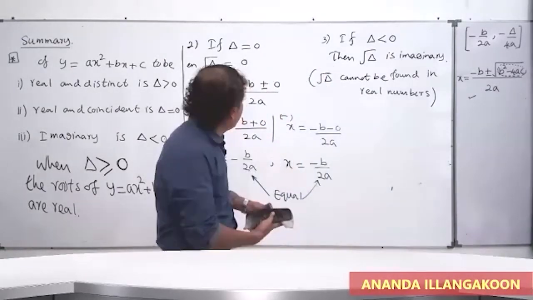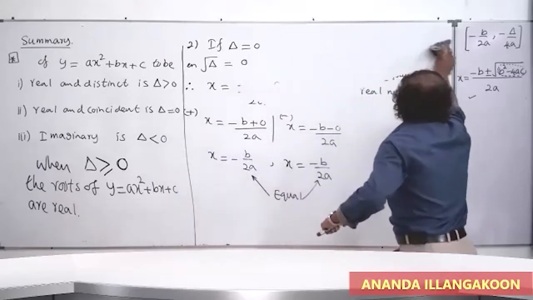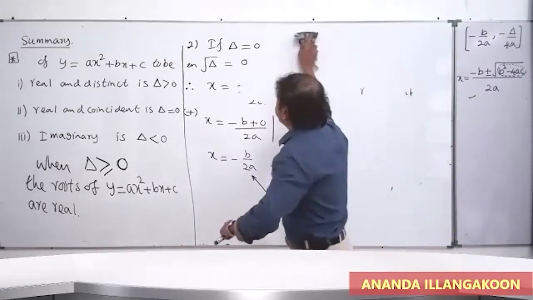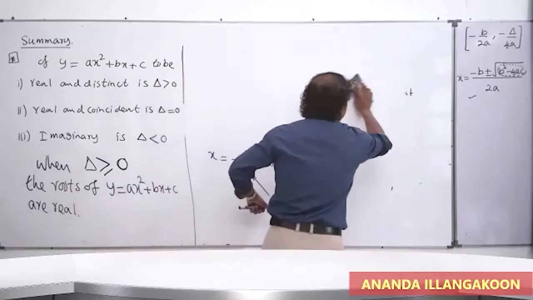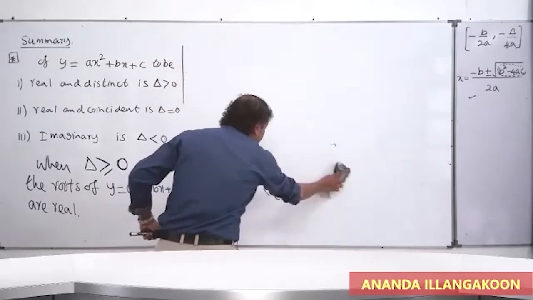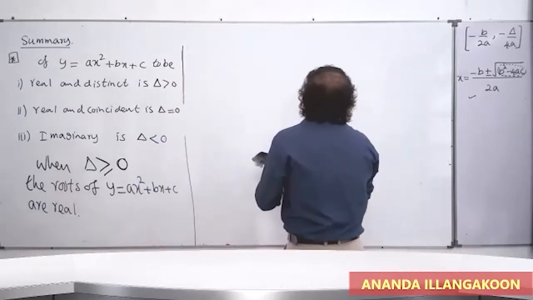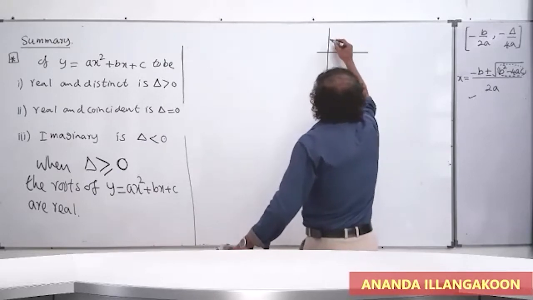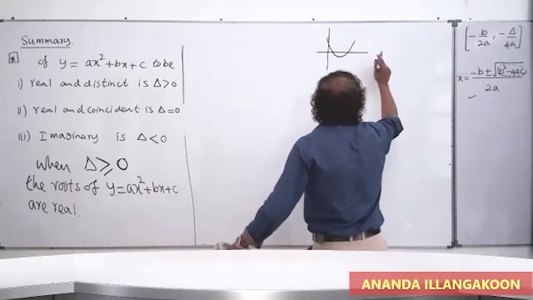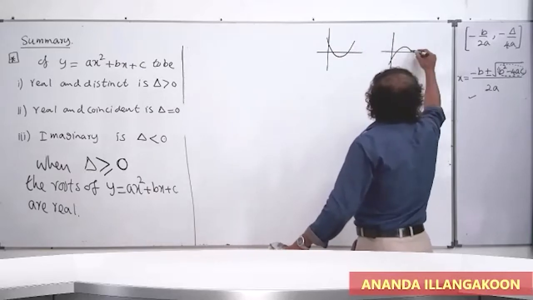If I roughly draw a set of small diagrams here, the graph cuts the x-axis at two different points like this.